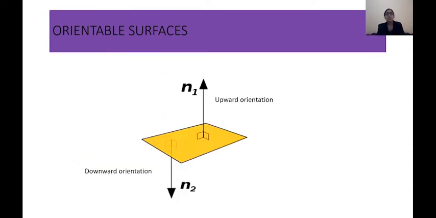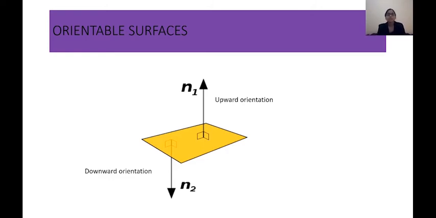Similarly, we can have upward orientation and downward orientation. In all those types of surfaces, we can have the upward and the downward orientation, similar to n and minus n. So these are the types of orientable surfaces, or surfaces which have orientation.